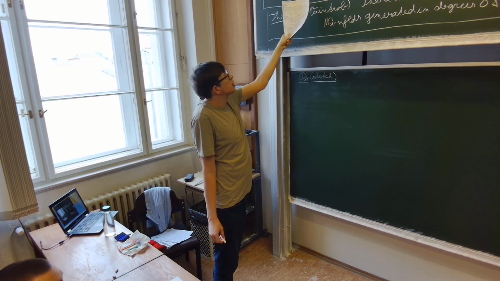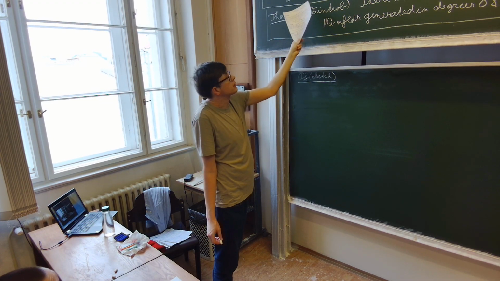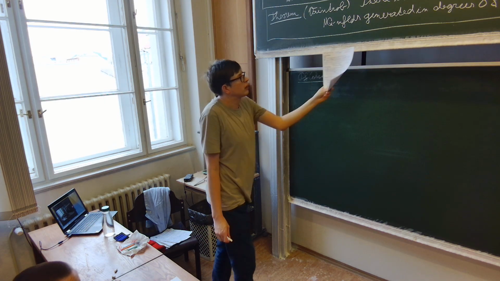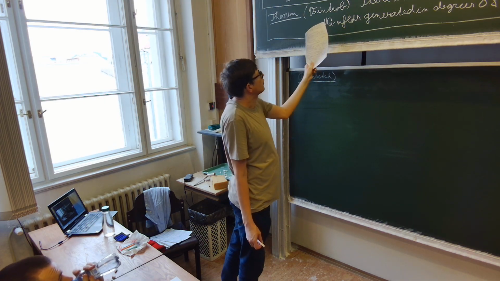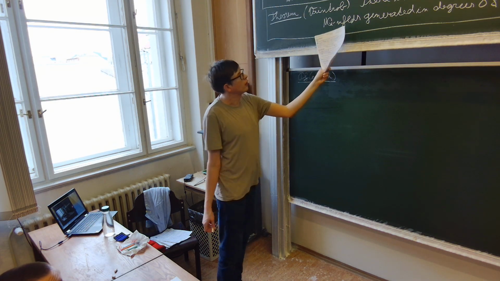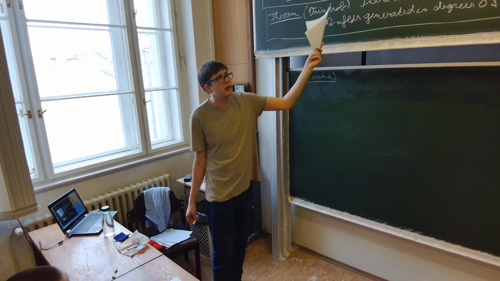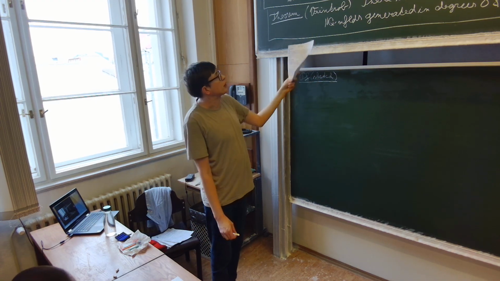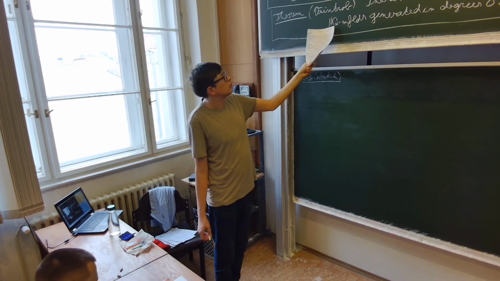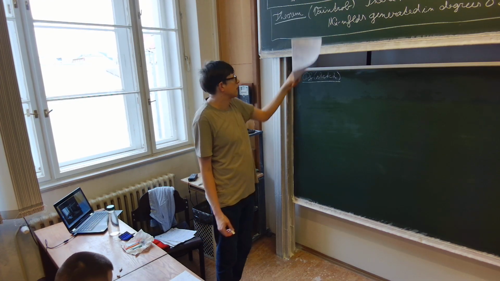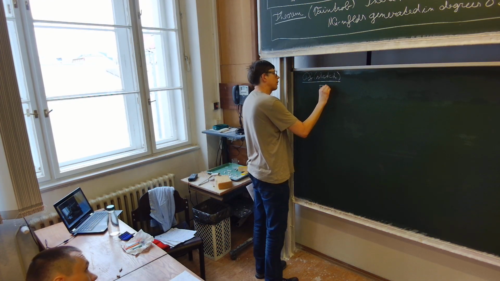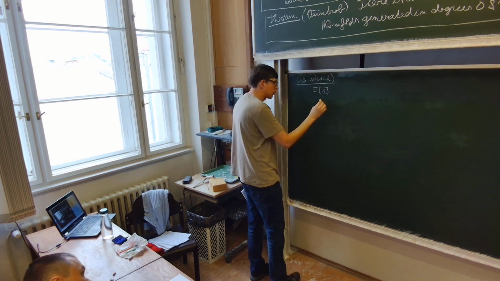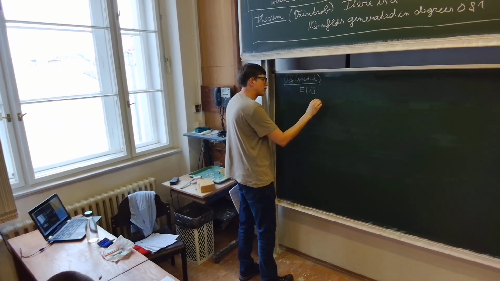By this proposition, every such thing looks like this. As an N-manifold, there is a unique identification with something like this, so there is a vector bundle. If I ignore the Q, then as N-manifolds generated in degree 0 and 1, they are the same as a vector bundle. Now the question is, what is the differential? What is the possible vector field that I can have here on this E shifted by 1? So let's recall, this thing had two types of coordinates.